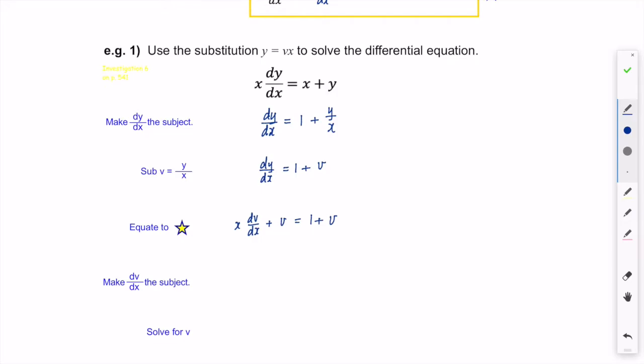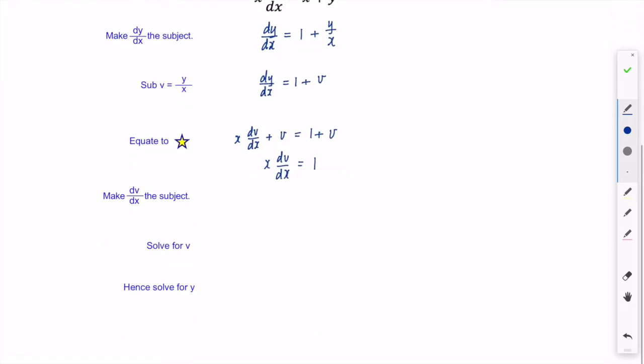Rearranging this, I have x dv by dx equal to 1. Now we're trying to solve this particular differential equation. So I have dv over dx equal to 1 over x. Looks familiar now, right?